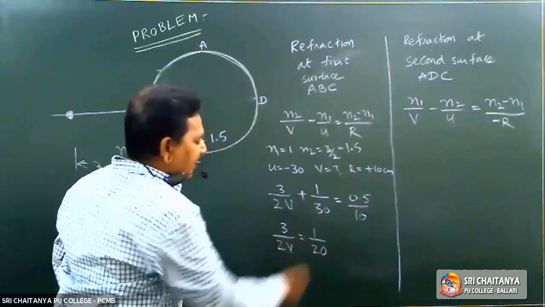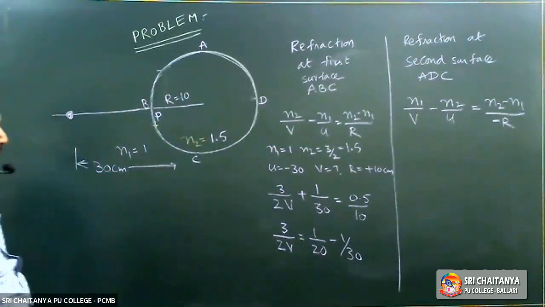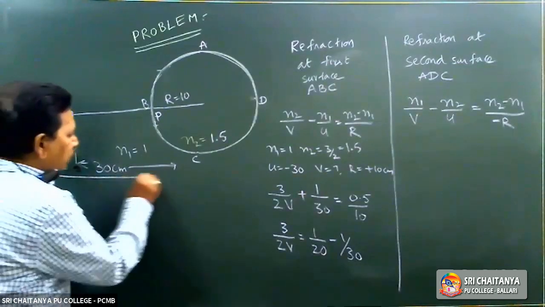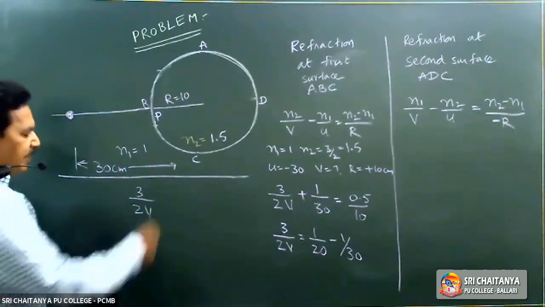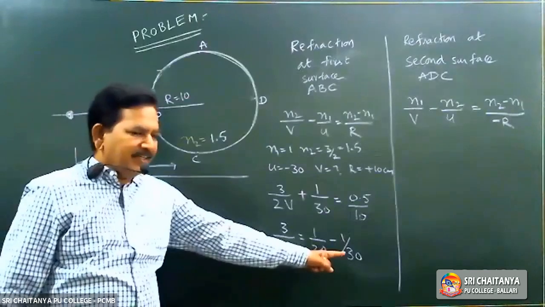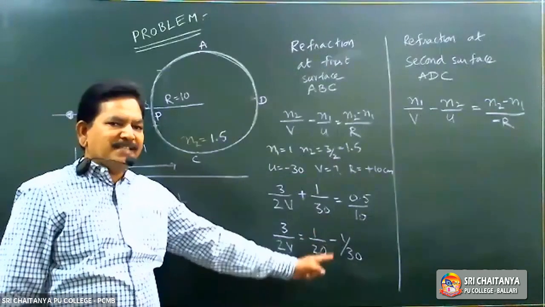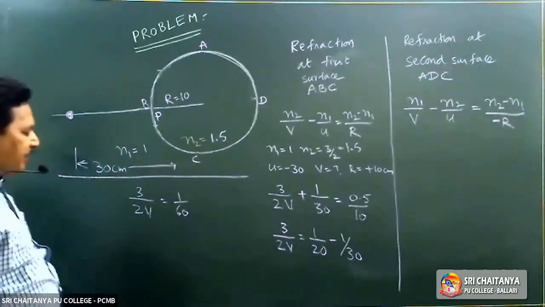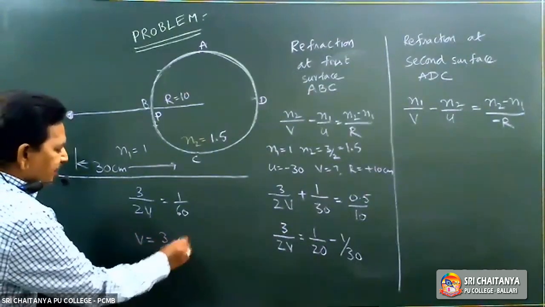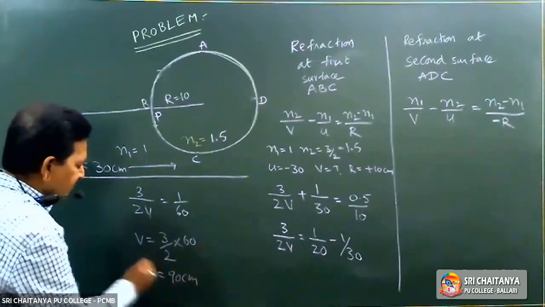This plus 1 by 30 goes to that side, minus 1 by 30. So 3 by 2V is equal to 1 by 60. LCM 600, numerator 30 minus 20, that is 10, 10 by 600, that is 1 by 60. So V value is equal to 3 by 2 into 60. This comes out to be 90 centimeters.